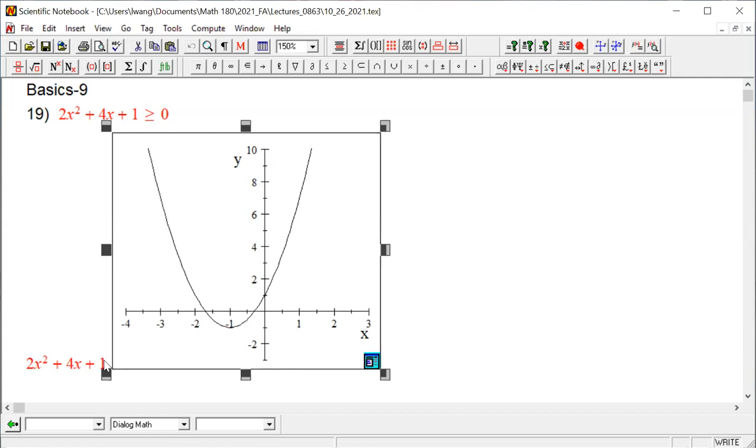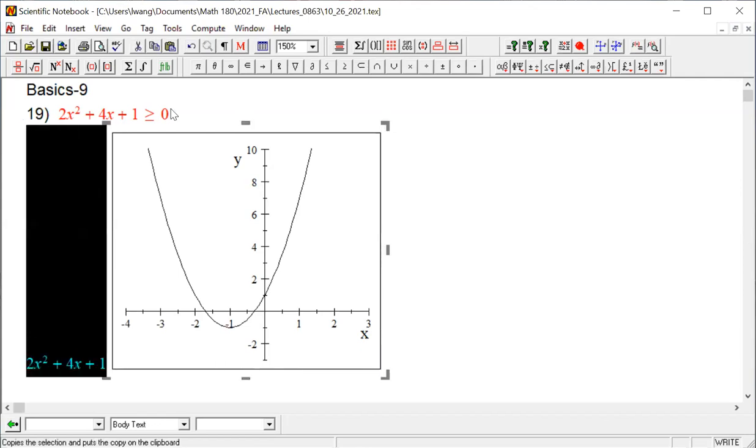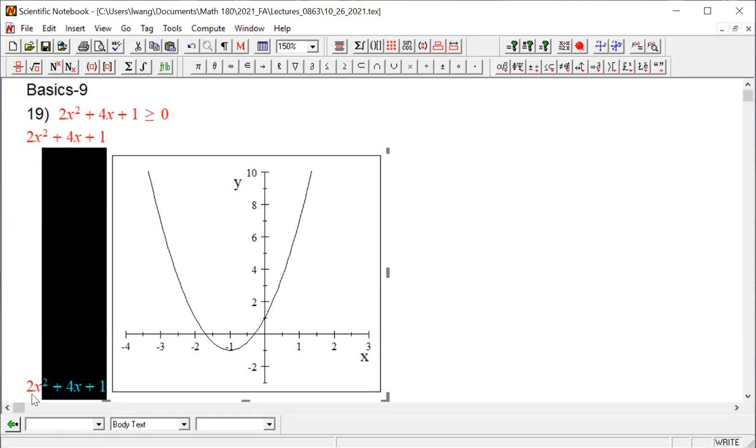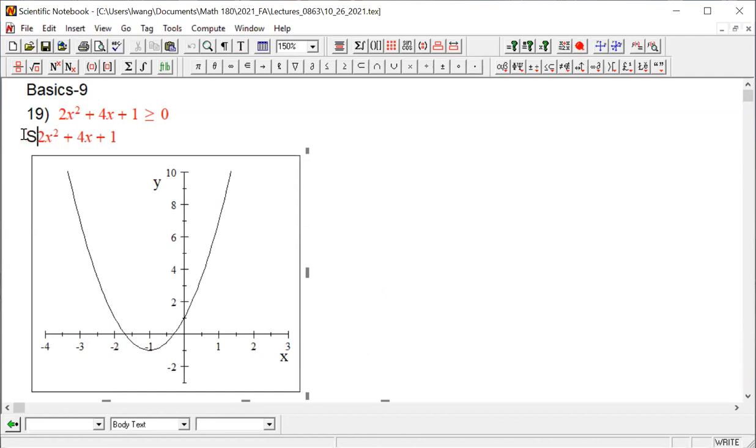Okay, so we have 2 points. First, we're going to set that equal to 0. When we set it equal to 0, what are we trying to find? We're trying to find x-intercepts, because we want to find these 2 crossings.